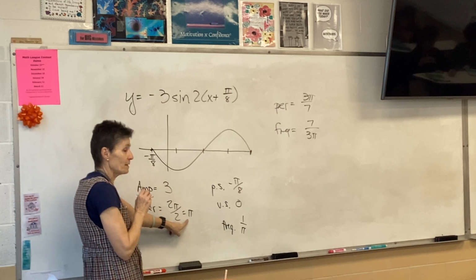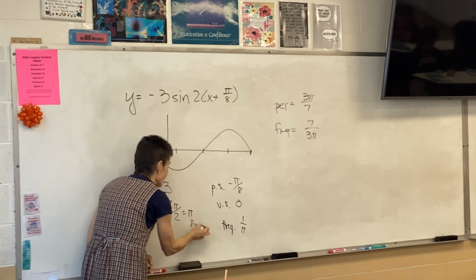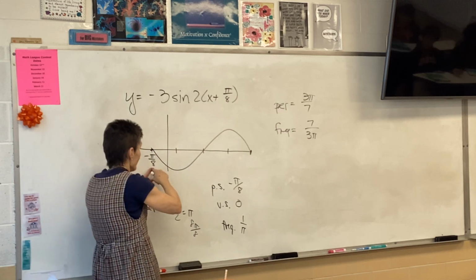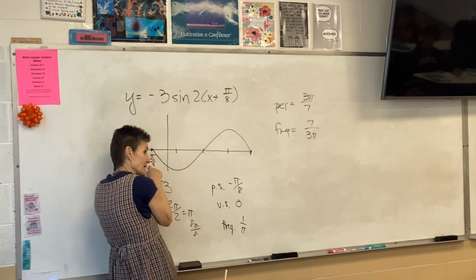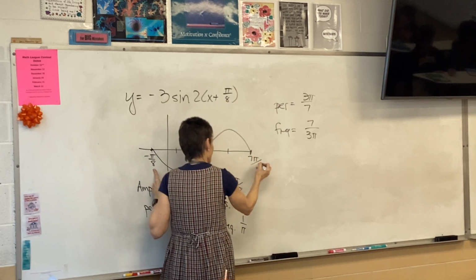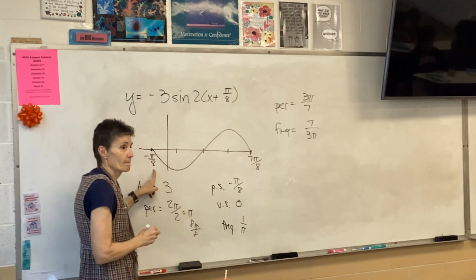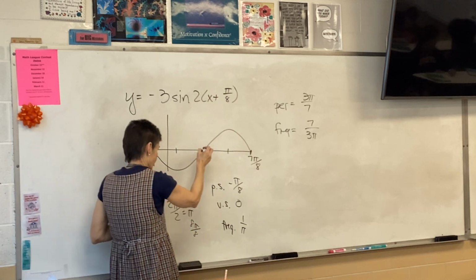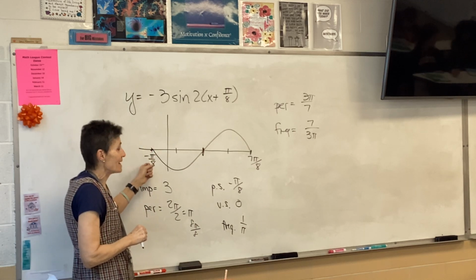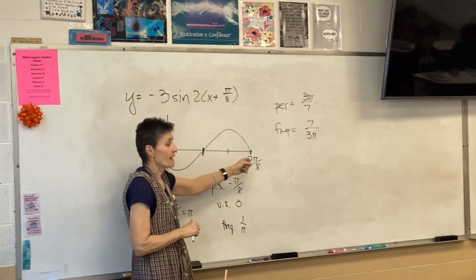So, if the period is 8/8, 1 pi, 8/8, then this point is going to be negative 1 plus 8, so 7 pi over 8.